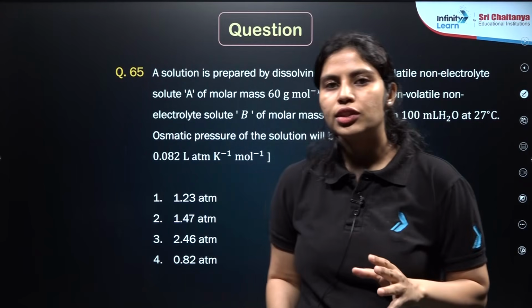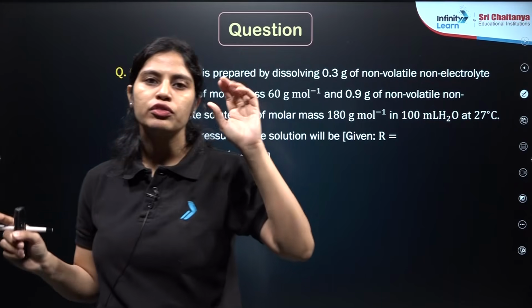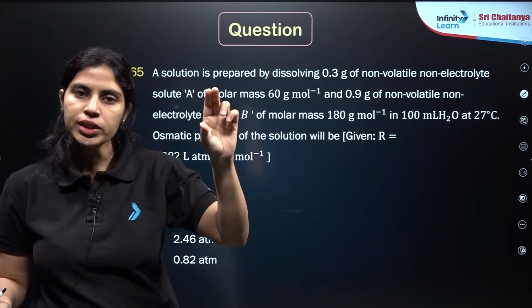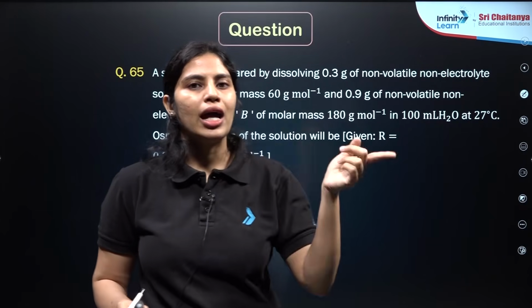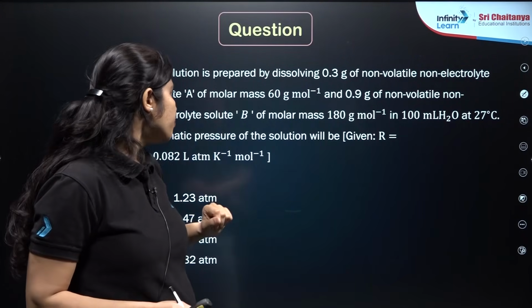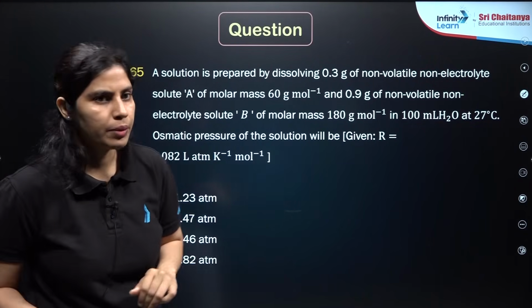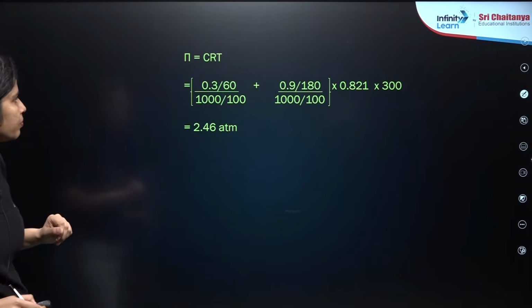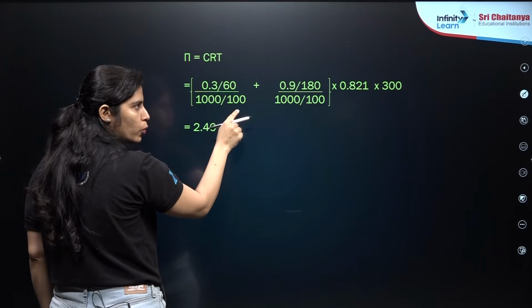How do I calculate the C over here? I will have to combine the two that are present. So I will first write down the number of moles divided by volume, because I'm talking about concentration. I'm going to add for both of the compounds A and B, and we will put the value of R and the value of temperature. As you can see, this is mass by molar mass divided by volume.